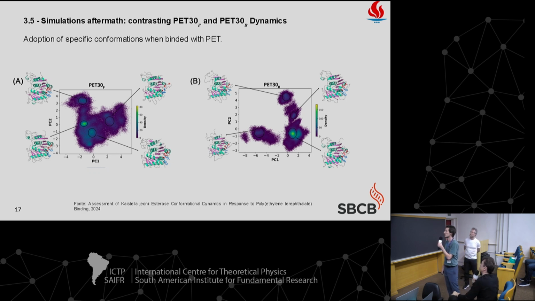Probably we will need more simulation time or more replicas to get these clusters together. But the conformation that is more similar to a catalytic conformation is the right one. So this one is probably one where the PET goes away from the catalytic pocket. Okay. Thank you.